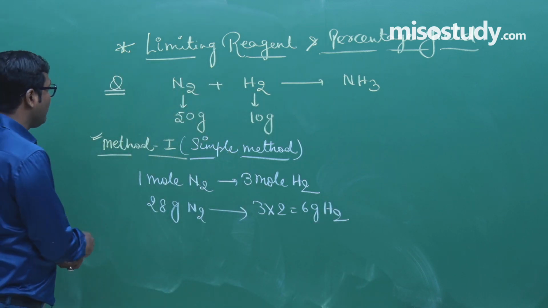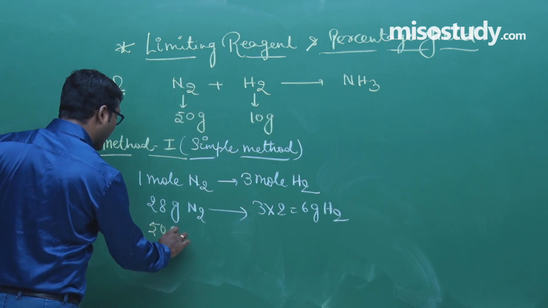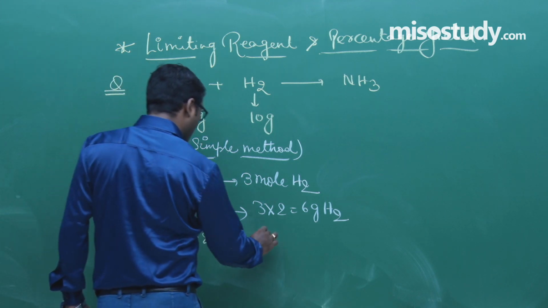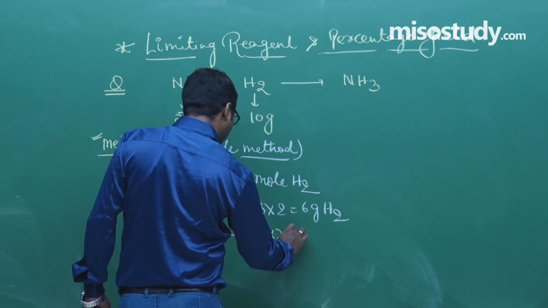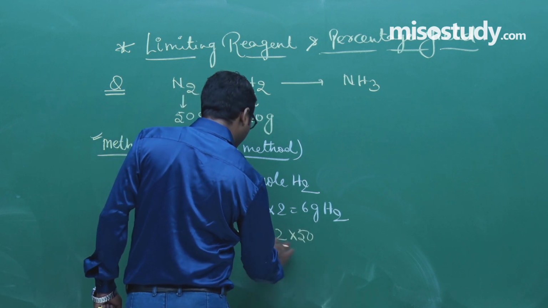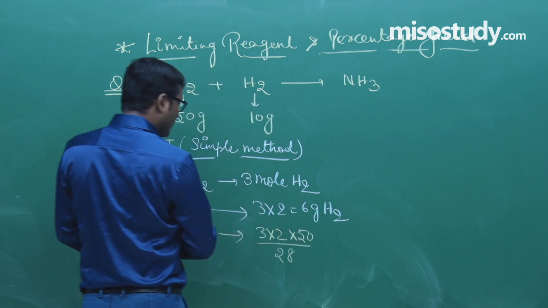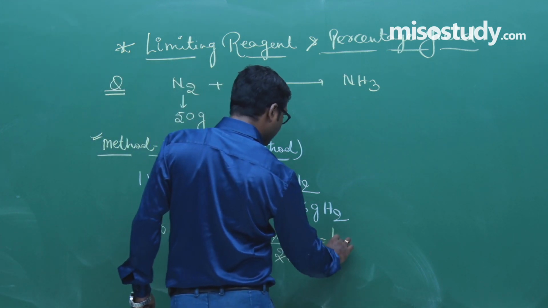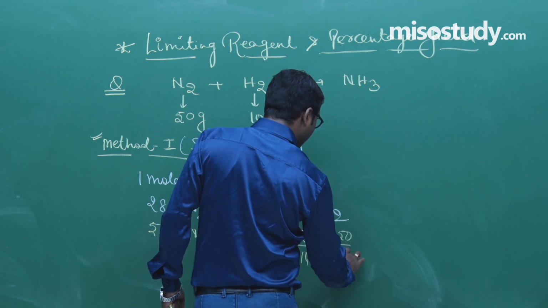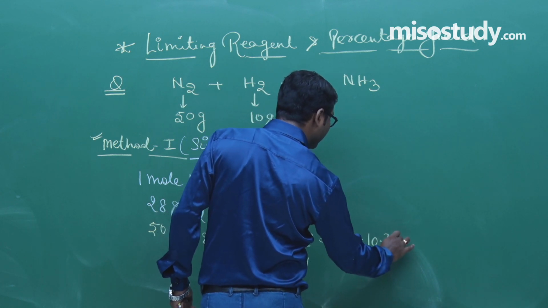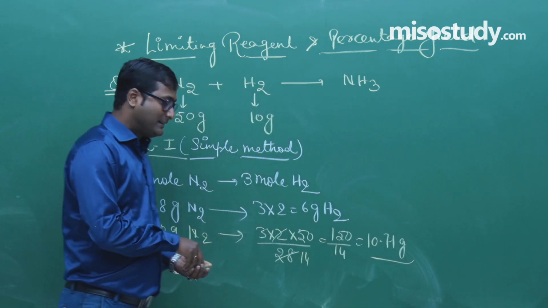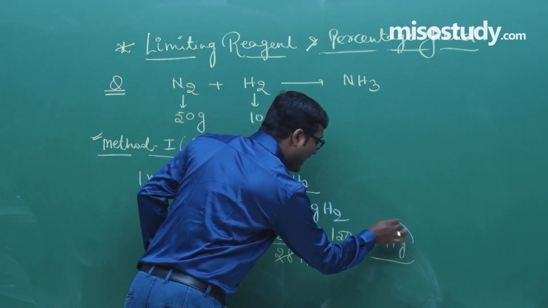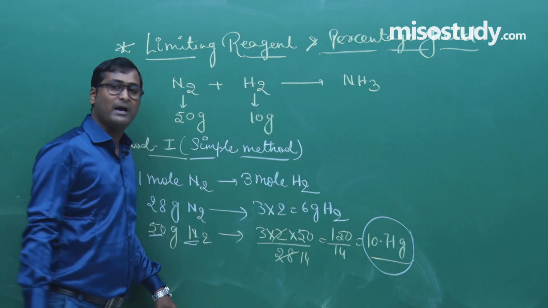Now what is given here? 50 gram N2 will require 3 into 2 multiplied by 50 divided by 28, that is 50 upon 14, around 10.71 gram. So 50 gram N2 requires 10.71 gram H2.